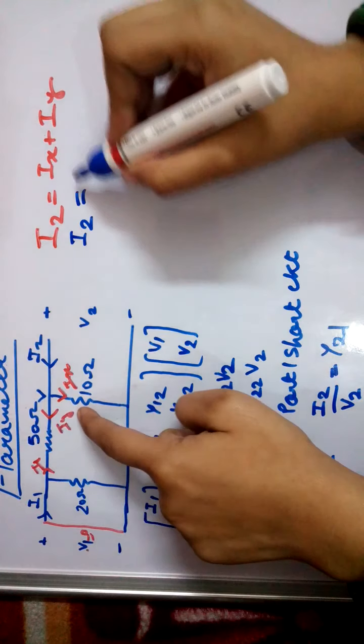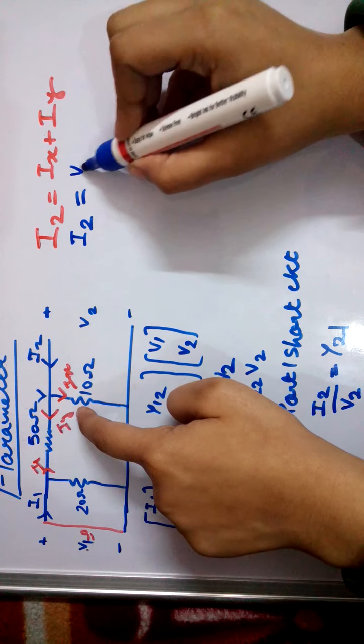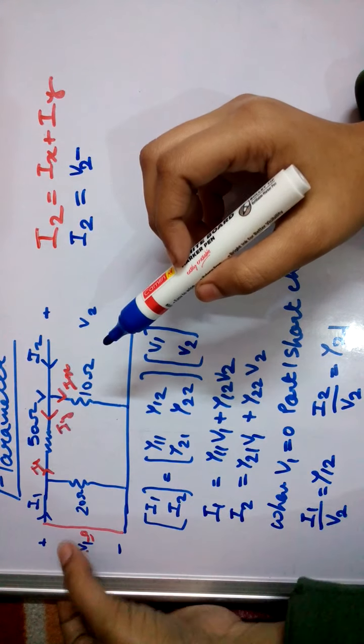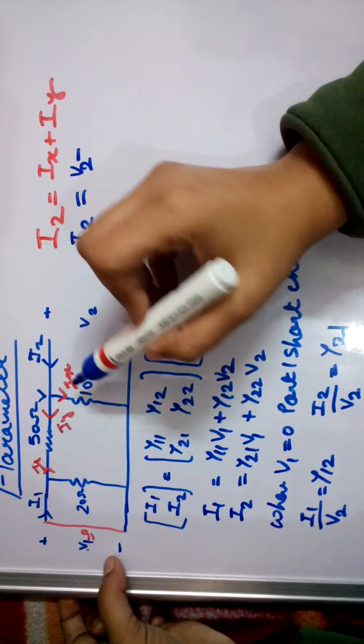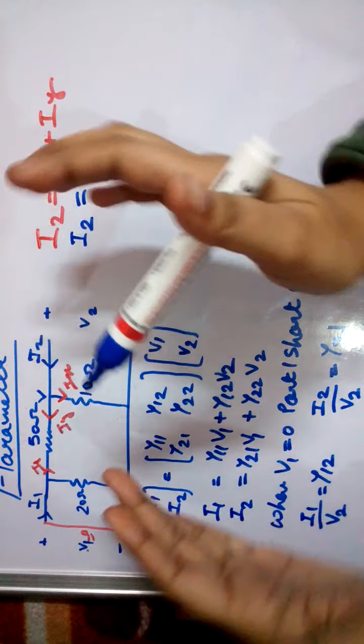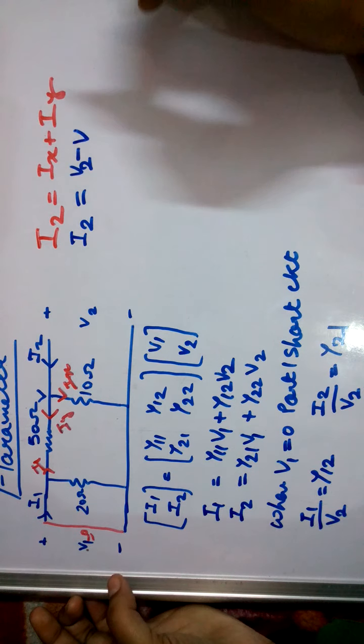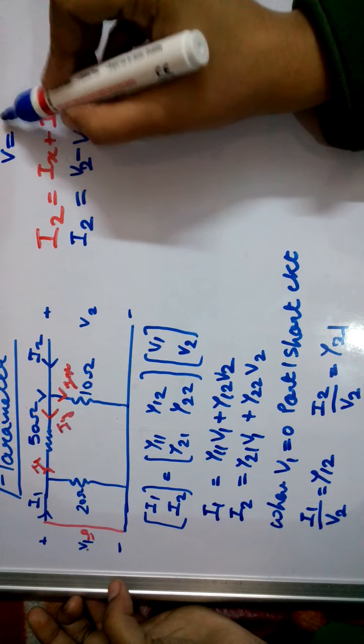Assume potential drop V here. Ix equals V2 minus V upon 10, and V is 0 because V1 is 0 here. Current is going from V2 to V1 direction and V1 is 0, so put V equal to 0.